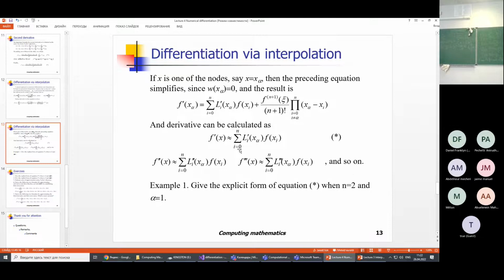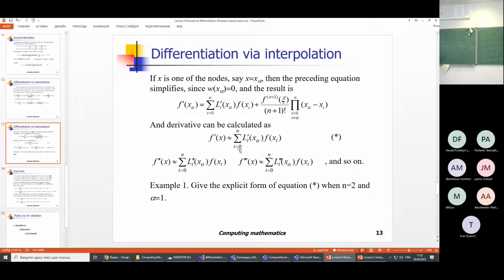And actually, you should find the derivative of x minus x1 times x minus x2, and similar derivatives in the other cases, x minus x0, x minus x2, and x minus x0, x minus x1.